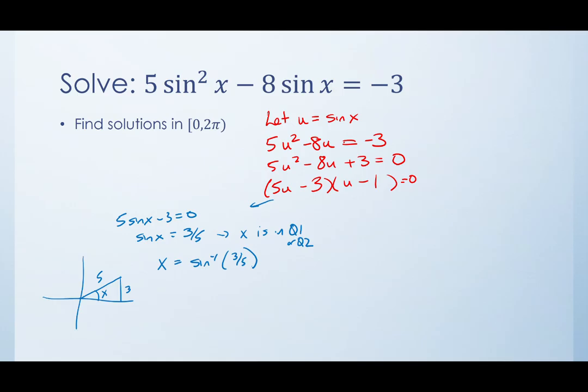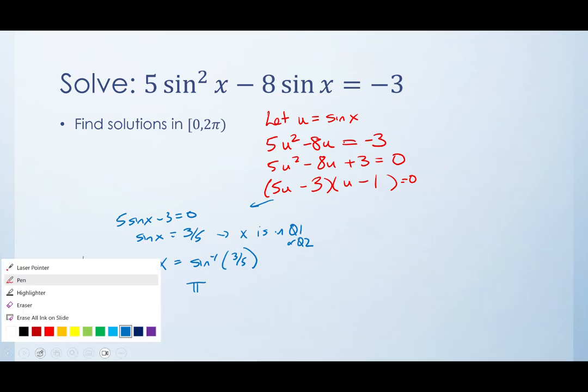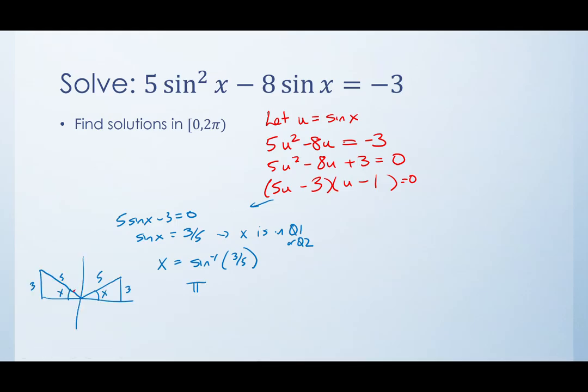Now, we also know that another angle with the same reference angle in quadrant 2 would also work, would also have that same sine of the angle equal to 3/5. So how do we get that angle? Well, we can look at it. We know that it's the same angle on both. So we can look at this and say, that angle, let me put it in red, is actually the angle we're looking for.